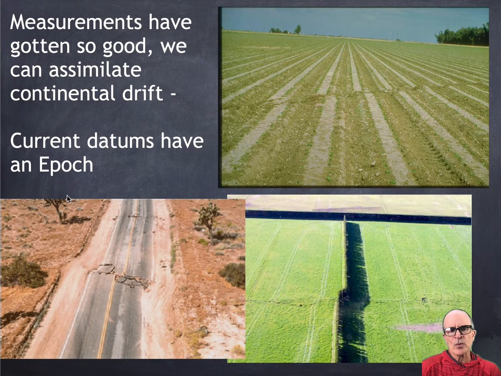Our sets of measurements, when we calculate where things are, we call a datum. It's a reference surface against which we measure things. And so if I'm on this side or this side of a fault, I can fix that into my datum and tell you which shift I have to account for. If I have old data before it shifted and then new data after, I can assimilate those data. I can combine those data because I can say, well, how much was the shift over time? I can incorporate continental drift.